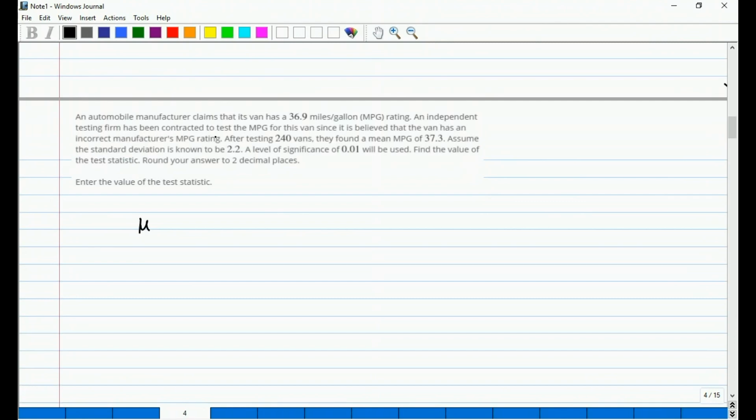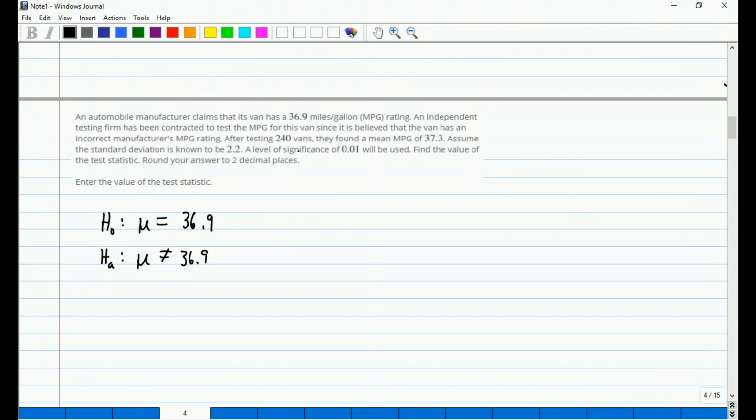It doesn't say above or below, it just says incorrect. So that means that we're going to say mu equals 36.9, and then mu is not equal to 36.9. Do I need this to work the problem out? Probably not, but I like to write it all down every time. It's good practice.